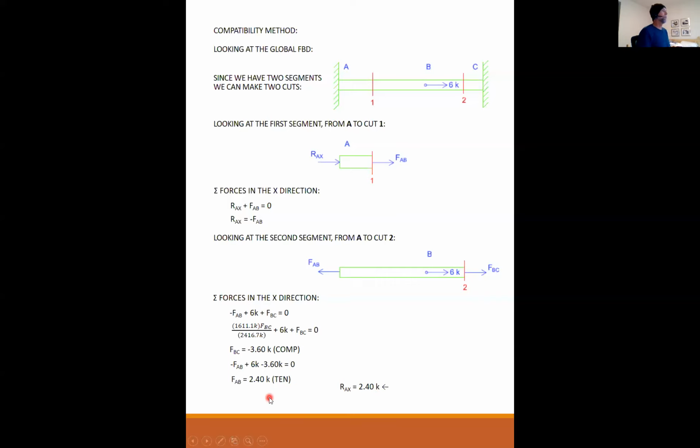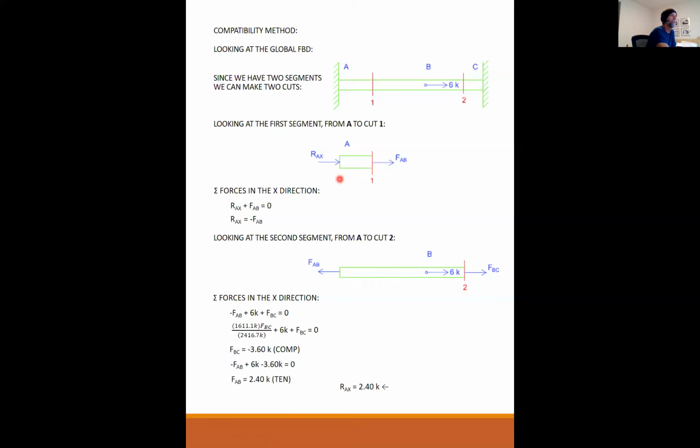Okay, I want to reiterate, when you are solving for internal forces, they are either positive or negative. Positive means tension, negative means compression. When you are solving for end reactions, those are not compression or tension.